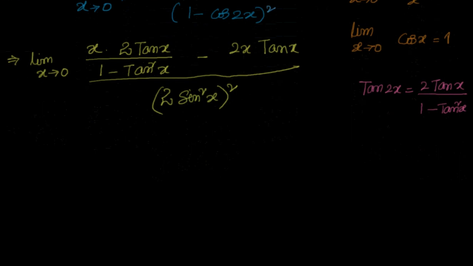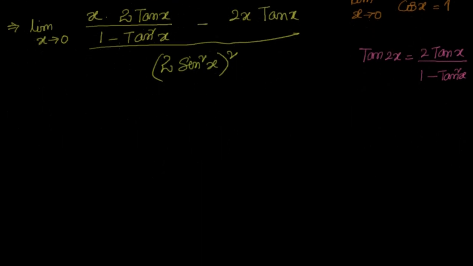Okay, we have to simplify this, nothing else. We have to simplify as much as possible and convert into sin and cos and see whether we can get away from the 0 by 0 form and arrive at a value. Okay, the next step. Limit x tends to 0. Now we'll take the LCM.